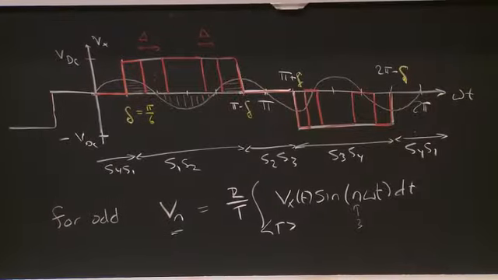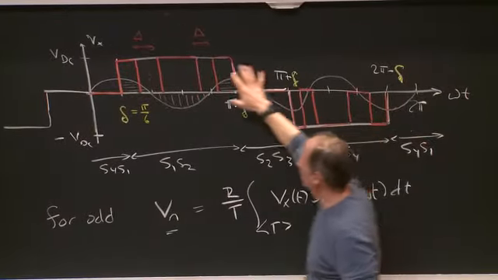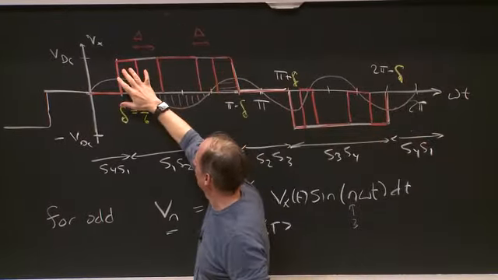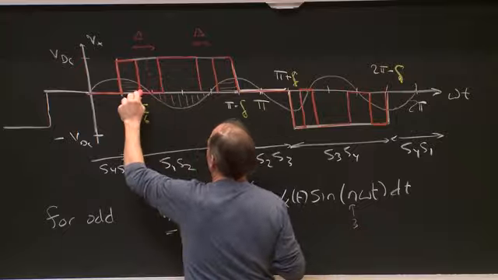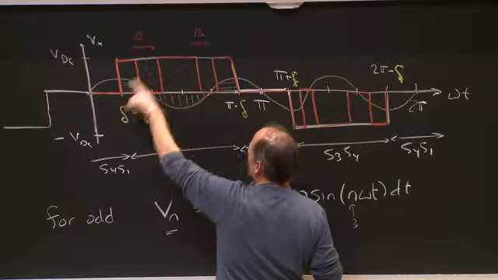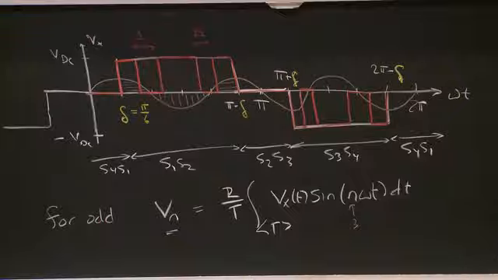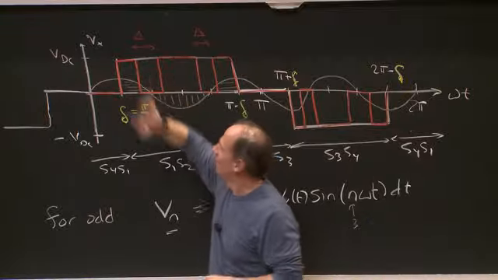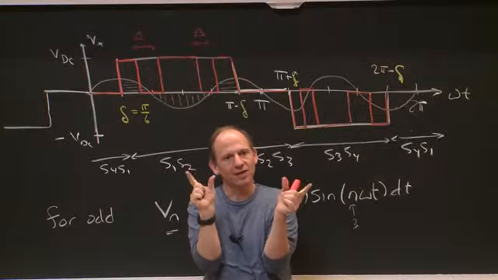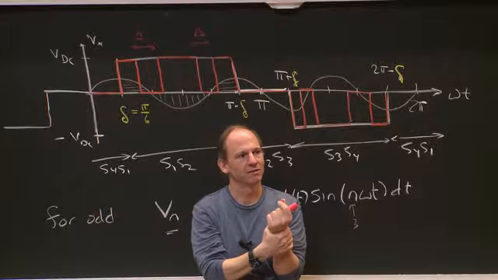Because the multiple of this orangey colored waveform with this sine 3 omega t, the integral of it is still going to be 0. It's still orthogonal. Any questions about that? What do I do with delta? I can pick capital delta here so that the fifth harmonic goes away.